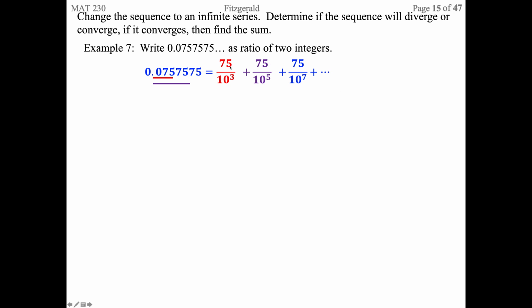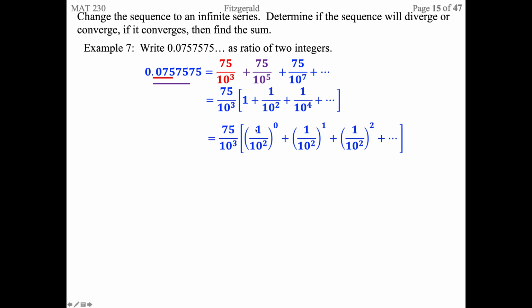We can factor out a 75, and we can factor out a 10 to the 3rd from all your terms. So now this is when n is equal to 1. So we have n minus 1 plus, here we have 1 over 10 squared. So I must have multiplied the 1 by 1 over 10 squared. Multiply by another 1 over 10 squared, I get 1 over 10 to the 4th.